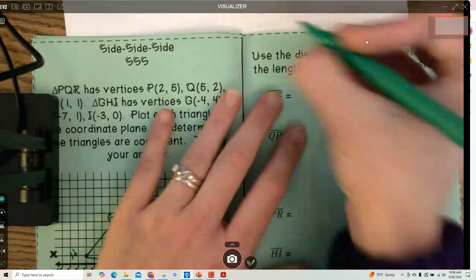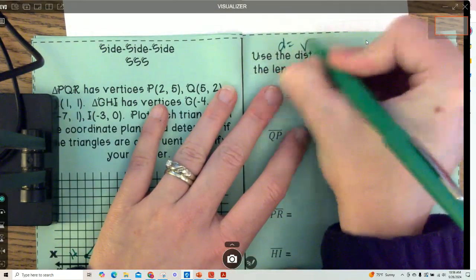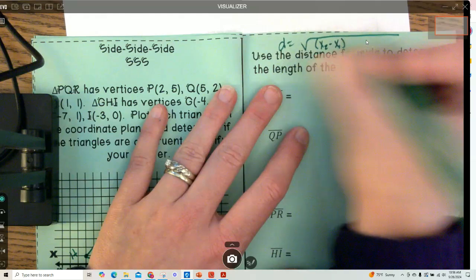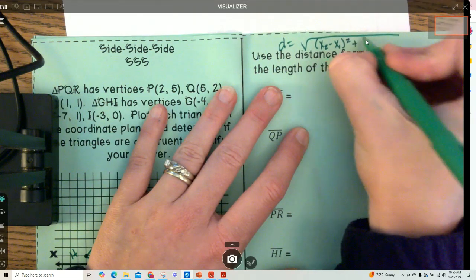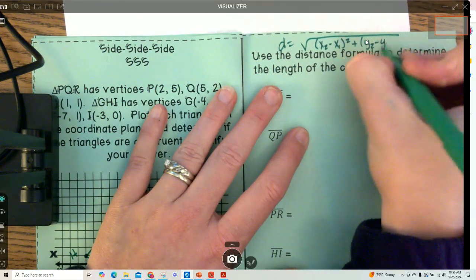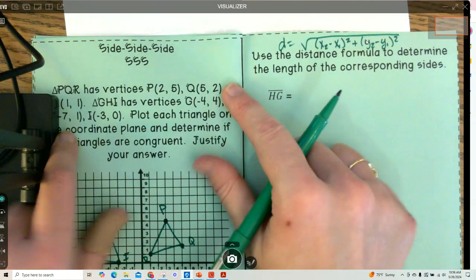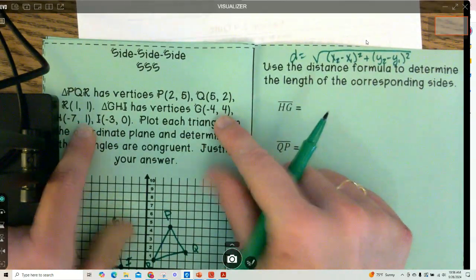So we're going to do HG. So remember distance formula is x2 minus x1 squared plus y2 minus y1 squared, all under a square root. So let's do HG, right? Here's G and H. Here's my values.